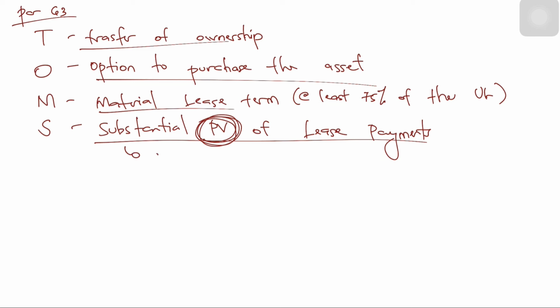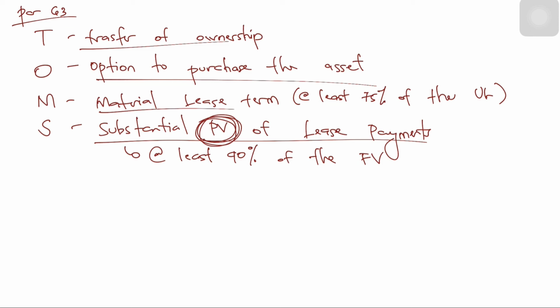It is considered substantial if at least, once again, at least 90% of the fair value of the asset. So, if yung present value of lease payment is at least 90% of the fair value, parang binayaran mo na yung buong halaga ng asset. Kaya parang finance lease to.